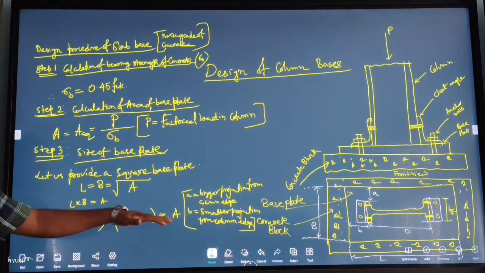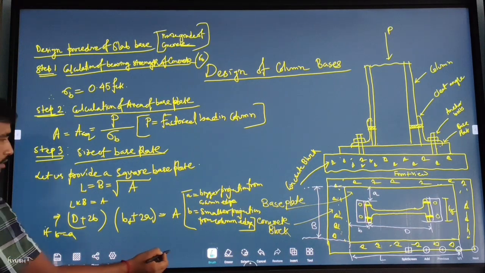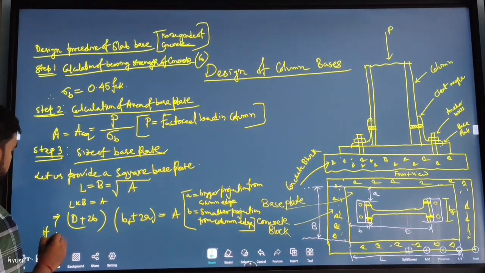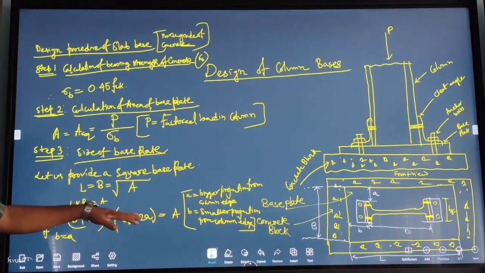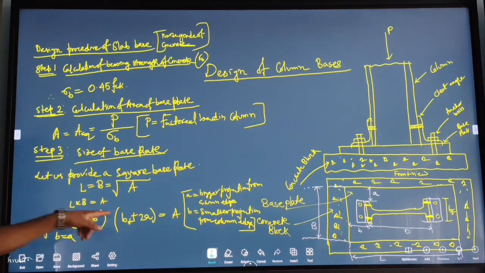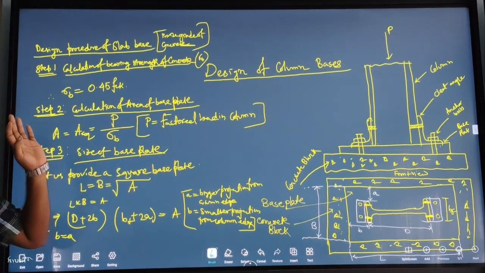Now, to solve the problem easily, let us say B is equal to A. If both the projections are the same, then there is only one unknown in this equation. Area will be calculated from here, some value. B and BF are given from the I section property.